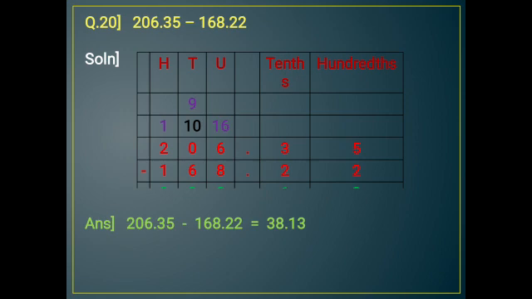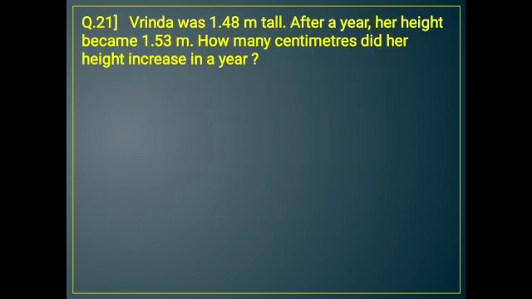So 0 is 0, so we are going to borrow from 2. 2 becomes 1 and 1 is given to 0. 0 becomes 10, then we know that we have to give 1 to 6. So 10 becomes 9 and 6 becomes 16. So 16 minus 8 is 8, 9 minus 6 is 3 and 1 minus 1 is 0. So the answer is 38.13.